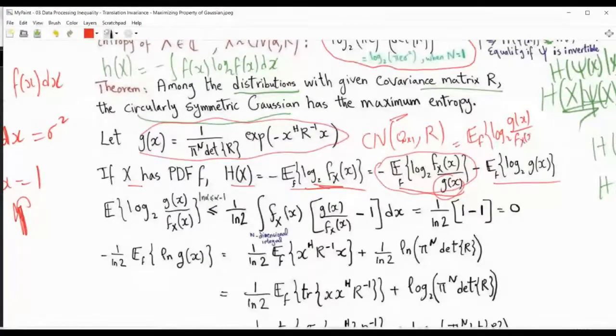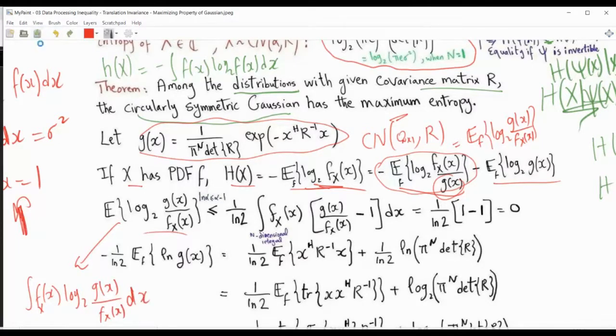Let me do it in slow motion. This is the integral, with expectation with respect to the PDF f: f of x times log 2 g of x over f of x, dx.